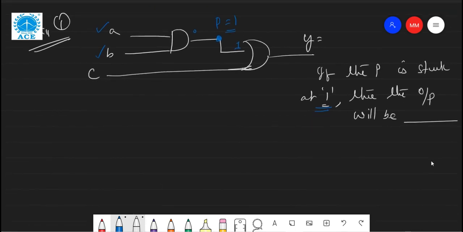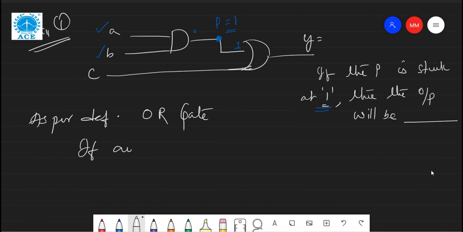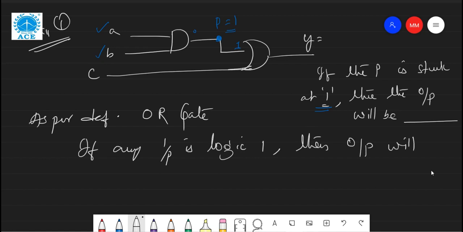As per the definition of an OR gate, if any input is logic 1, then the output will be logic 1 only.